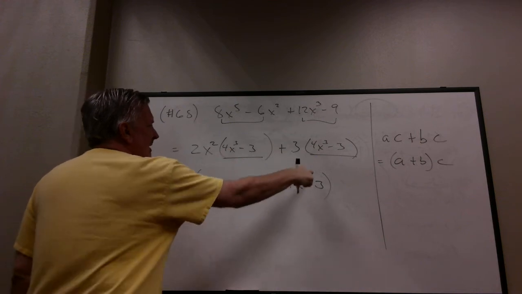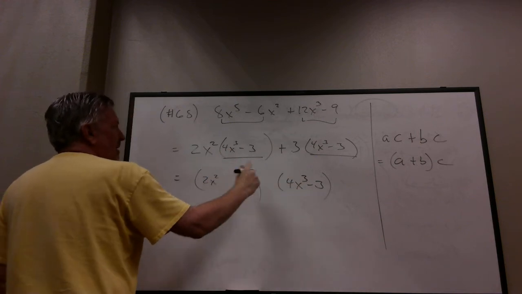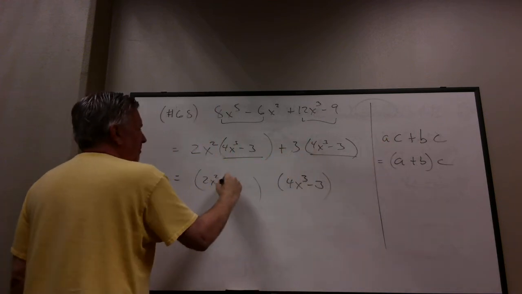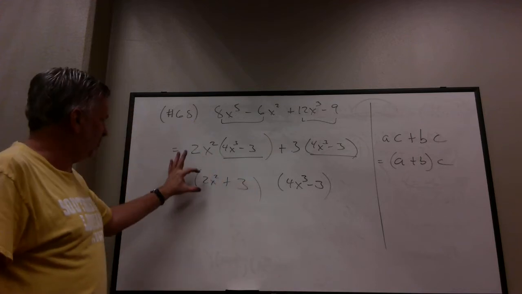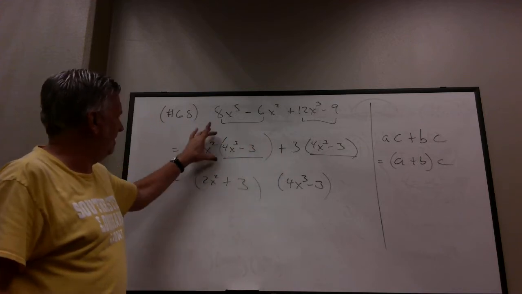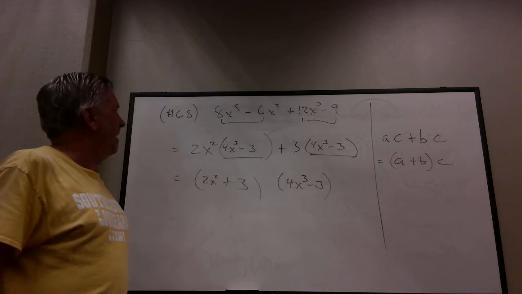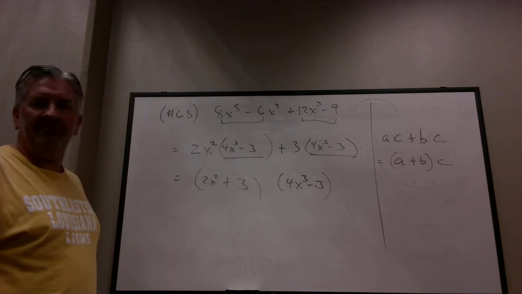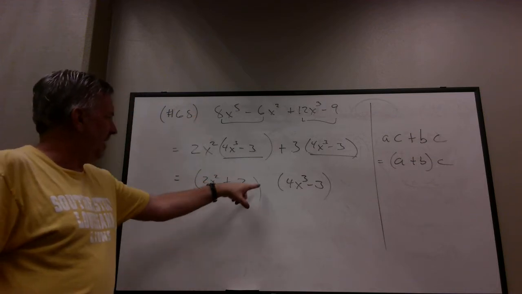When I factor it out of here, I'm left with 2x squared. When I factor it out of here, I'm left with plus 3. If you distribute, 2x squared times that would be this, 3 times that would be that. And notice I have factored the original problem. I have something times something.